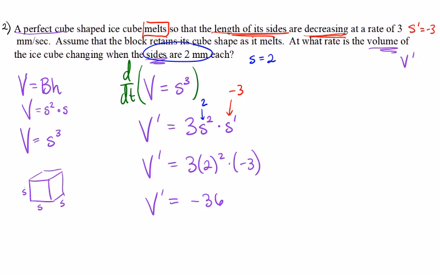All right, good job. -36 is what you should get. And now what would our units be? Good. Since we're dealing with volume, we're going to have cubic units, right? Remember, one-dimensional objects have one-dimensional units.